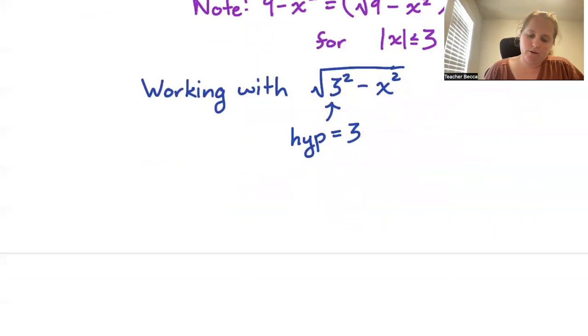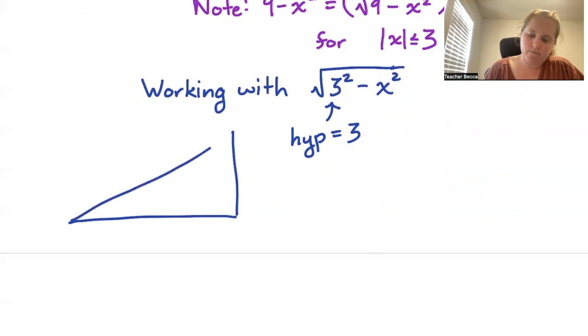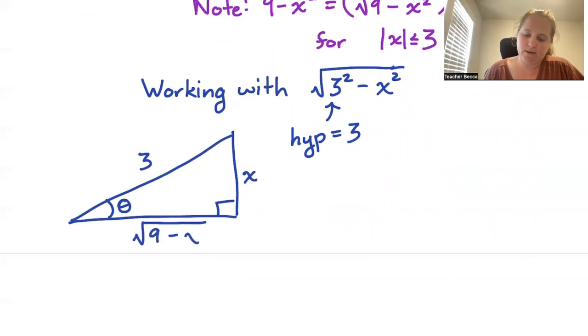So if we draw our triangle, we have 3 for our hypotenuse. Our opposite side is our x. Our adjacent is the square root of 9 minus x squared.